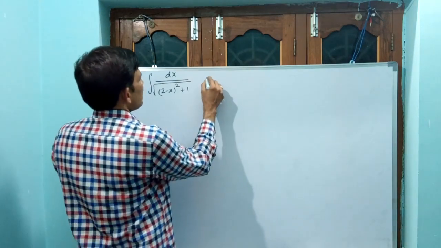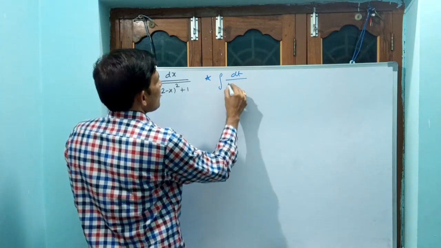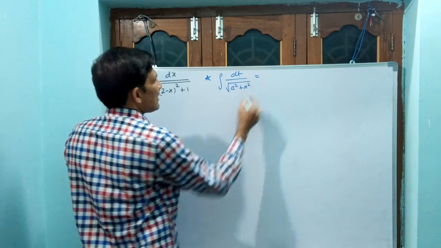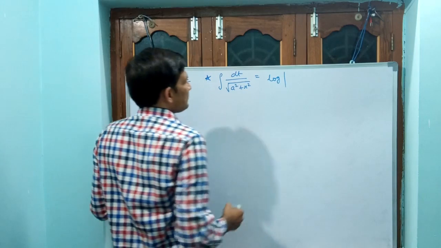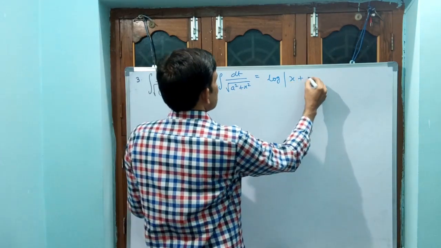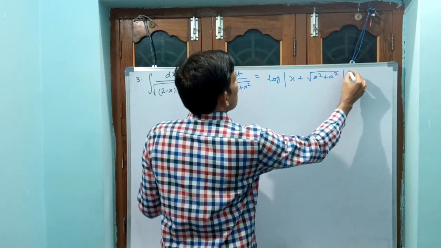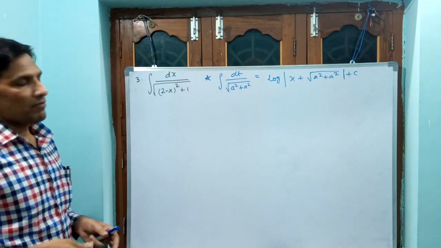Integral dt by square root of a square plus x square is equal to log of x plus square root of x square plus a square, plus c. This will be your formula.